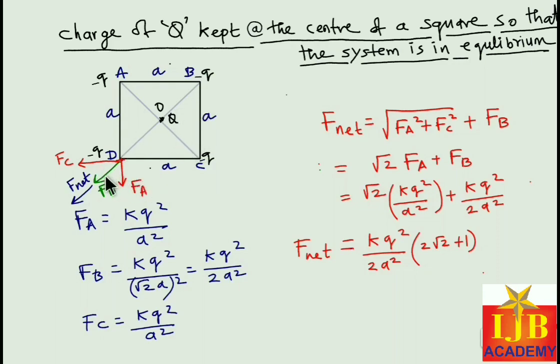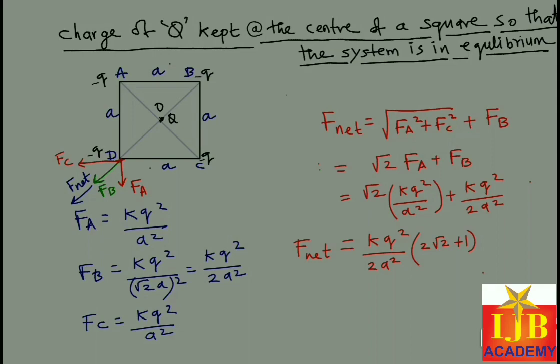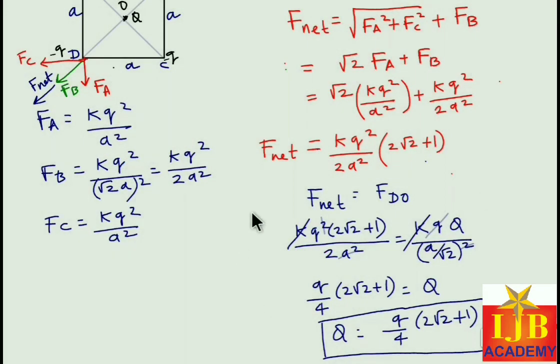Here F net is acting outwards, so there should be an equal and opposite force inwards. Then only the system is in equilibrium. So this net force must be equal to FDO, the force acting inwards.